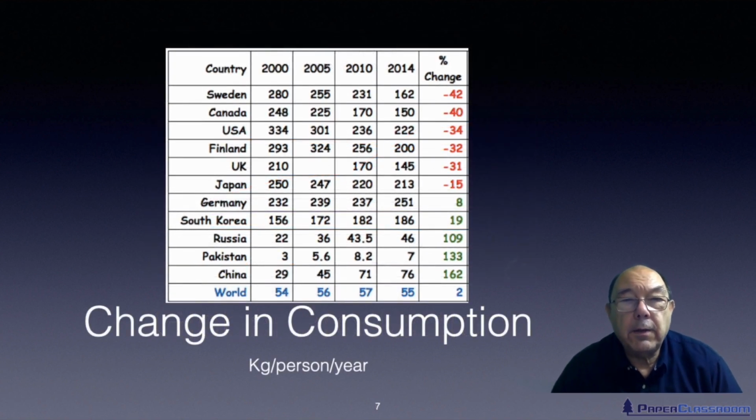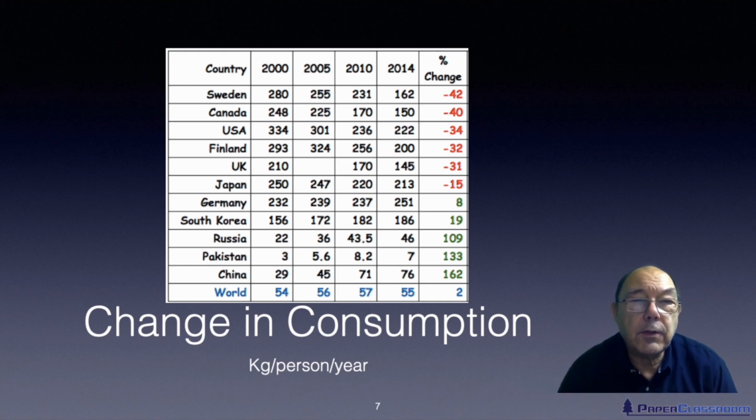And this is an interesting chart. I used to provide a table saying what the consumption of paper and board was in different countries. And then one day I had the idea of, well, why don't we look at the change in consumption? So this is over a 14-year period between the year 2000 and the year 2014.